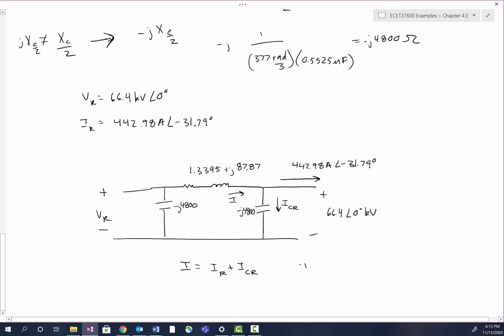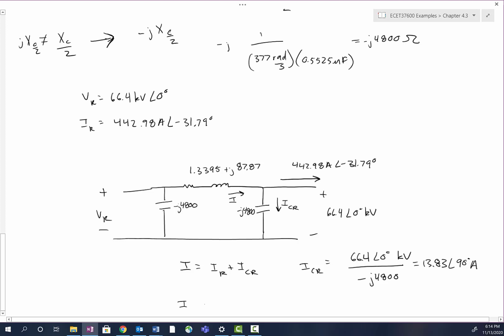So the capacitor current is just going to be the voltage across the capacitor divided by the capacitive reactance. The voltage across the capacitor is the load voltage in this model, 66.4 kV. And then we need to divide that by the capacitive reactance, which was minus j 4800. So that gives us 13.83 angle 90 degrees amps of current flowing in that capacitor.